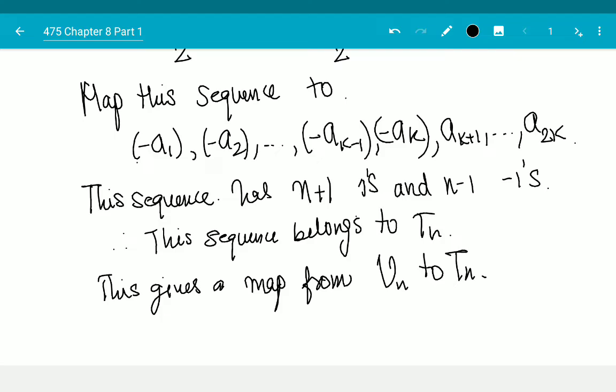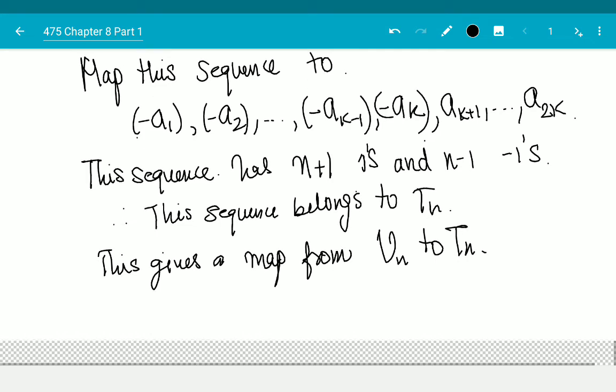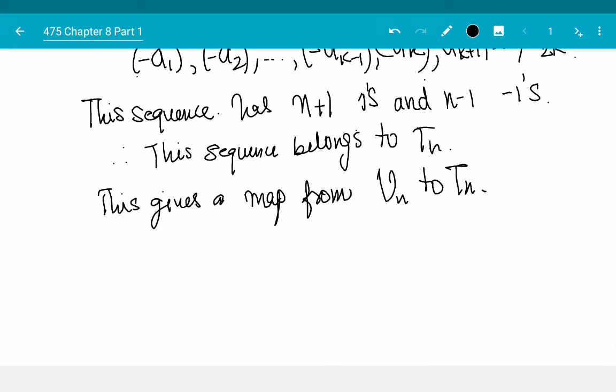If you take a sequence, find the first term where it is now positive, because this is a -1 to a_(k-1). All of the partial sums are going to be negative now, and then suddenly it becomes positive at a_k. a_k is the first time where your partial sum sequence is positive, right? So that's easy to see, and that also gives me an idea how to construct the inverse map.